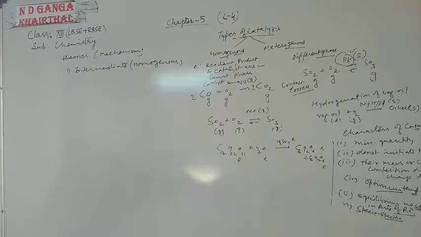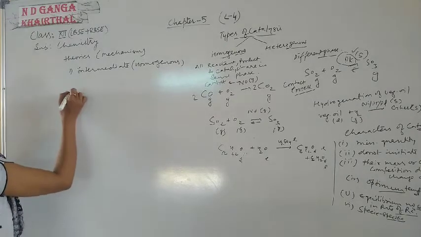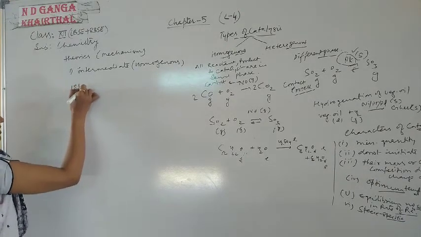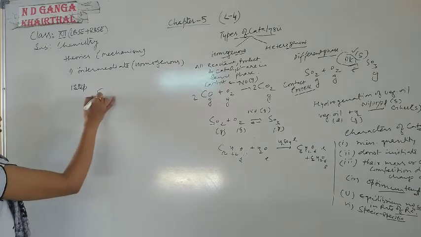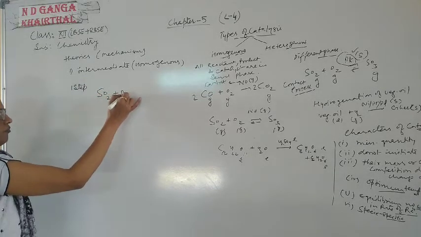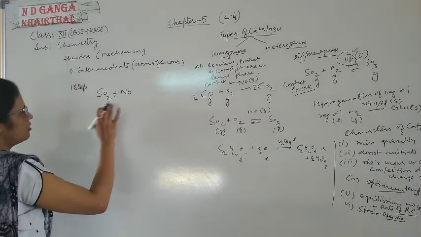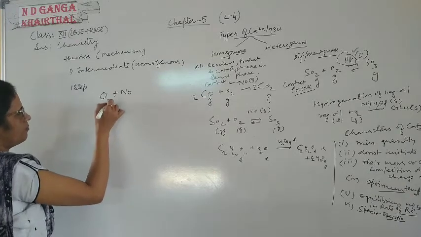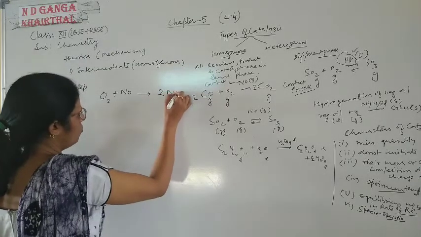We can understand by example. In the first step, O2 plus NO forms 2NO2.